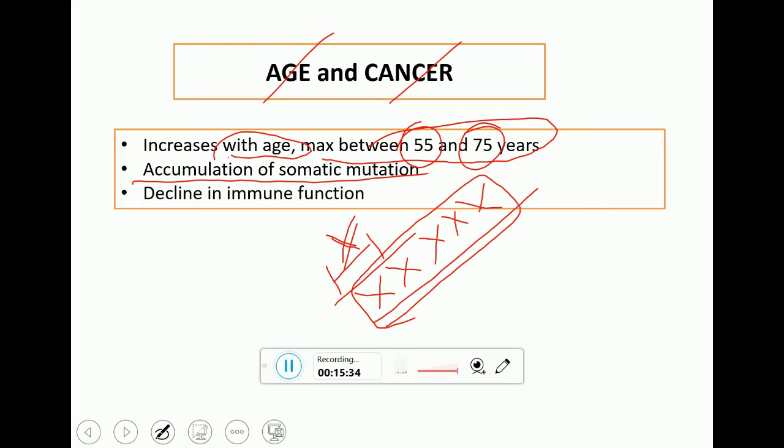This mutation is sufficient to change the structure of that protein, which ultimately results in cancer. Decline in the immune function, I have already discussed just above. With age, the functioning of the immune system starts deteriorating.